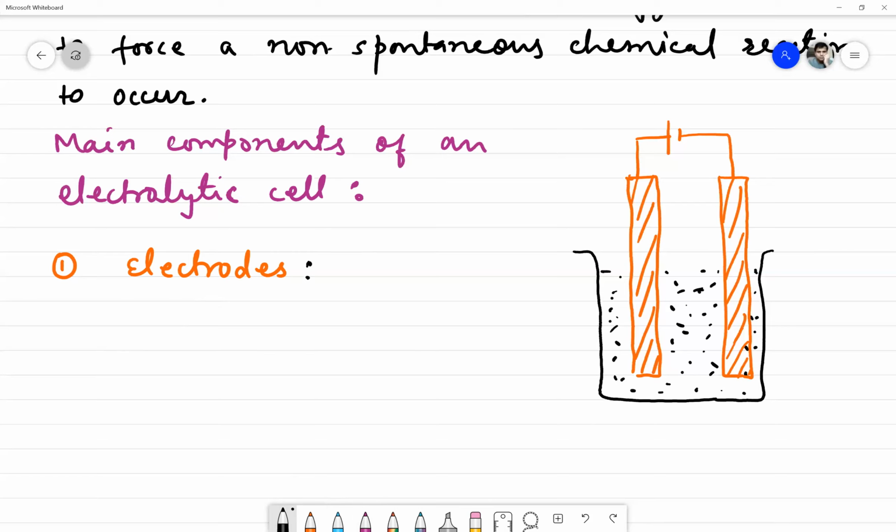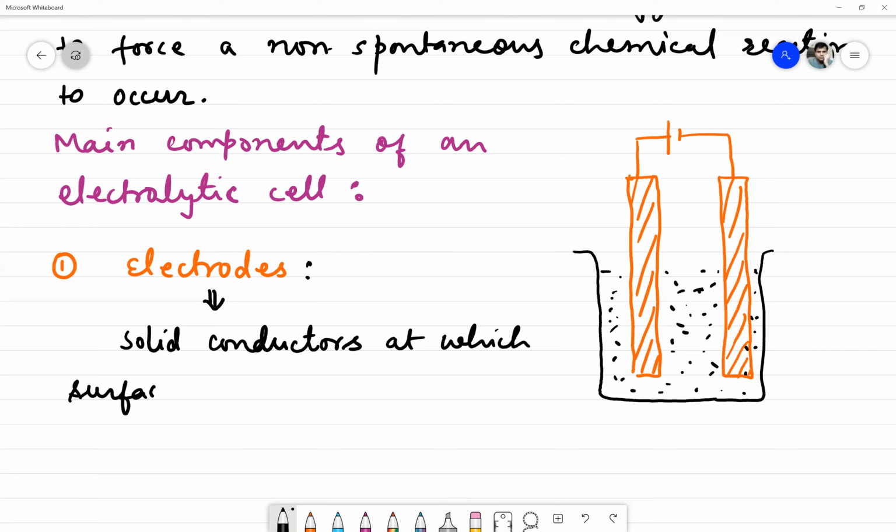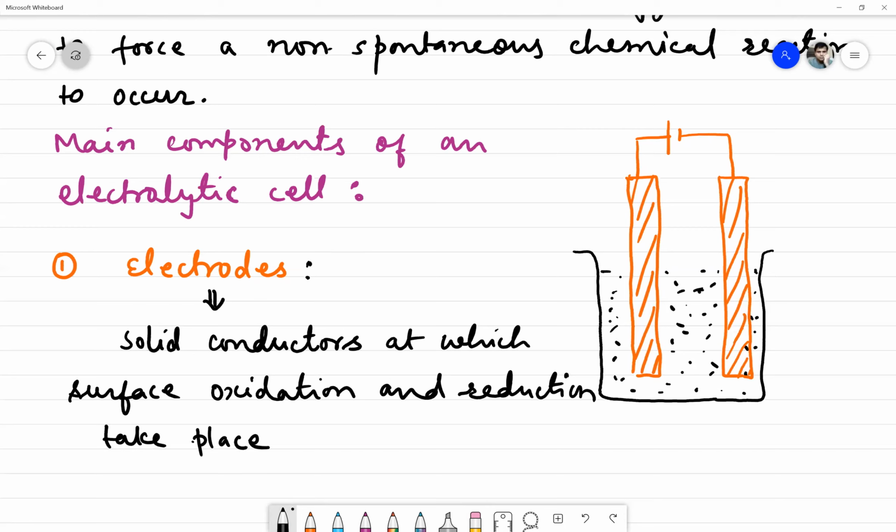So what are these electrodes? Electrodes are solid conductors at whose surface oxidation and reduction reactions take place, right?